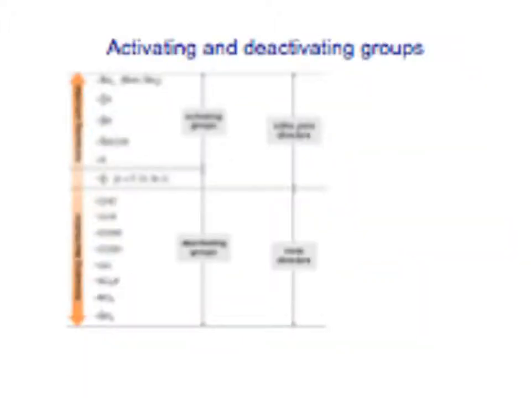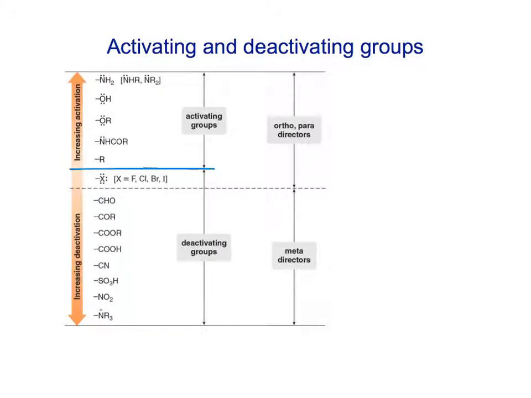So here's the table of all of the substituents that we looked at before. Remember, we drew our line right here. They were activating groups above that line, deactivating groups below it. When we look at ortho-para directors, we notice that all of the activating groups are included in that, but so are the halogens.